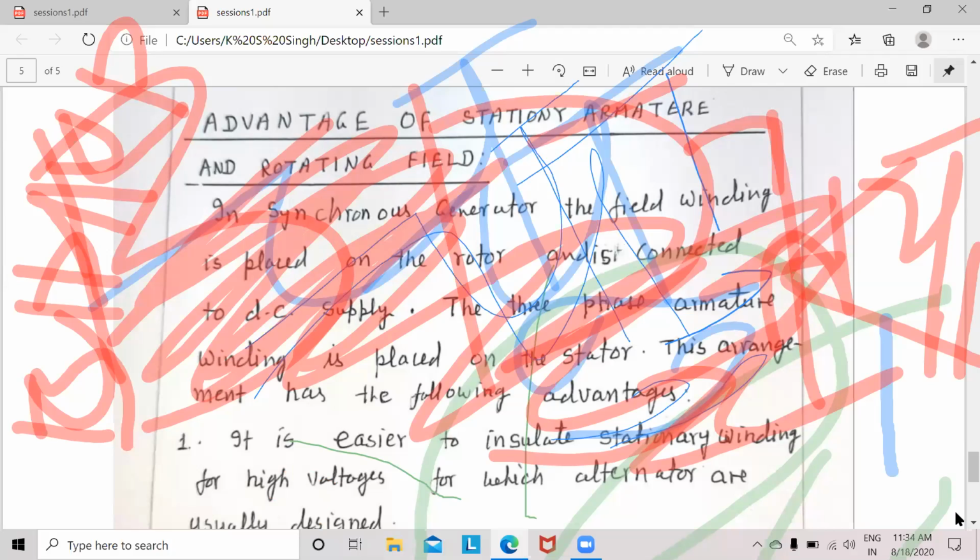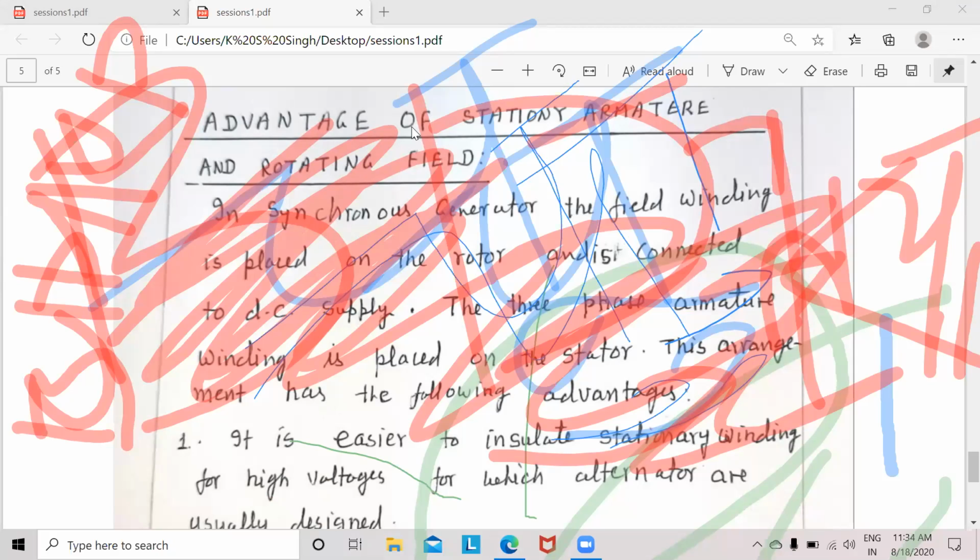If you see, the synchronous generator is generating large power, that is 5 megawatt and above.